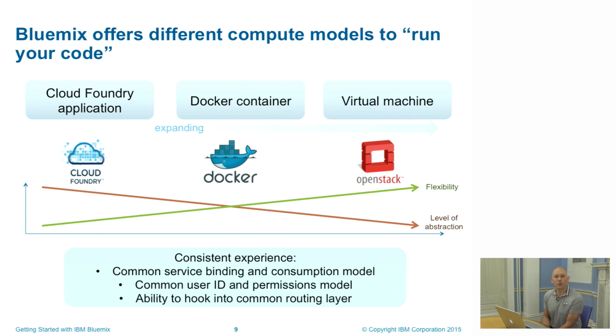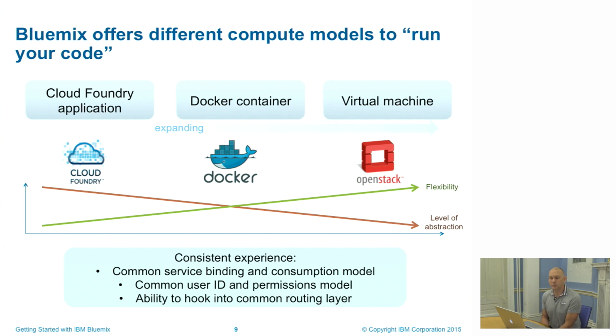So we look at the different models to run your application. We've got Cloud Foundry, which is built on the open standard Cloud Foundry product. That gives you the highest level of automation, but you have to program to that programming model.